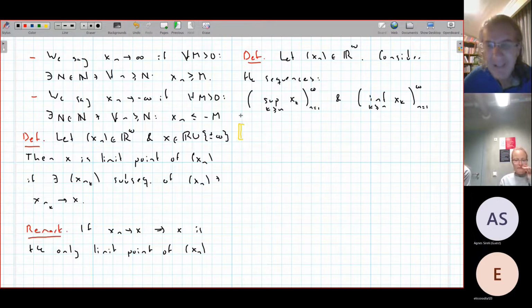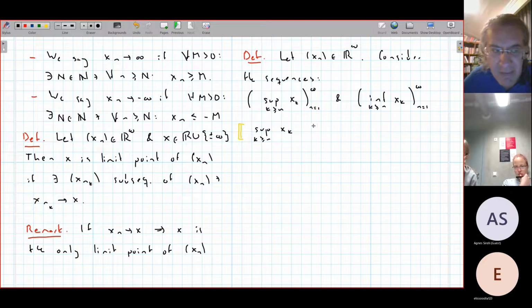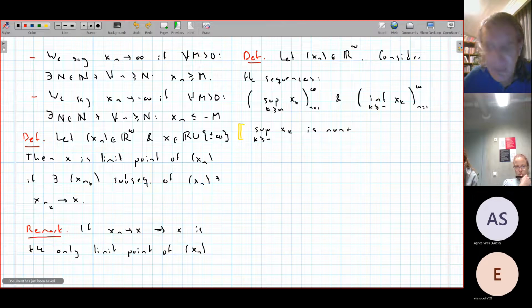Yes. Okay, thank you. Well, notice that you consider the supremum of xk for k greater than or equal to n. This sequence is non-increasing.